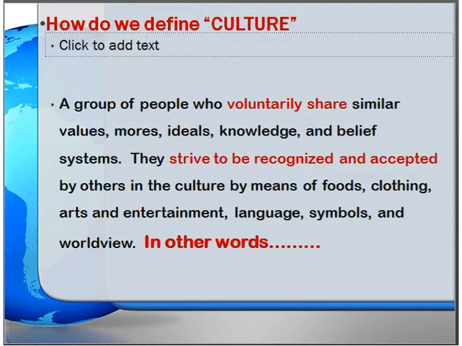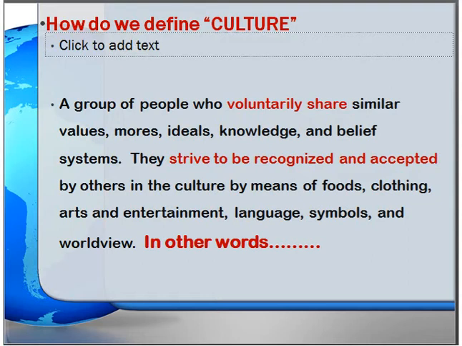Because of that tremendous number of definitions and the tremendous variance in what people think, we're going to use a very general and generic definition of culture here.